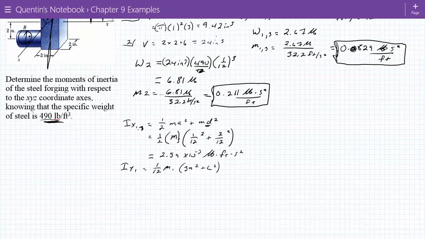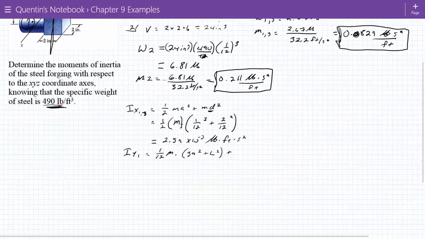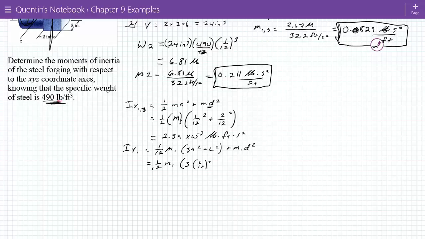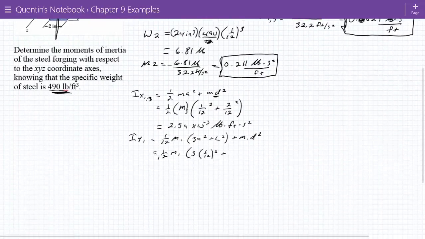Okay, so this needs to be plus m1 times, again, I'm going to put just the generic distance squared. So this ends up being 1/12 m1 times 3 times 1/12 squared, plus the length in this case is 3 inches.